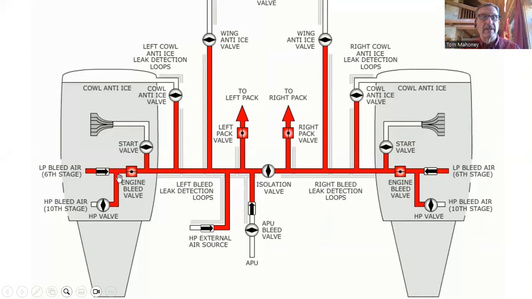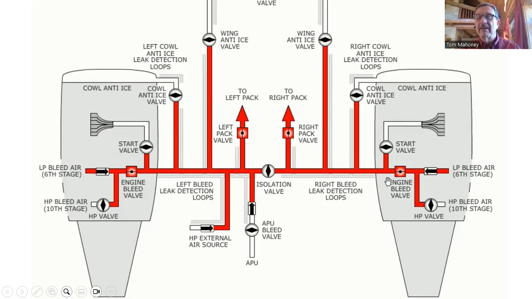That does work for me also. The engines are providing bleed air pressure. In this case, it looks like bleed air pressure being provided by the 6-stage compressor section. It is not being provided by the 10th stage because the high pressure valve is closed. Likewise, on the right engine, same scenario.